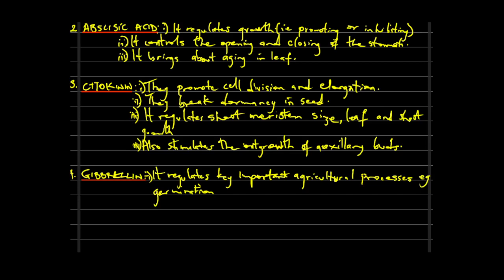We have root and shoot elongation as well. It also promotes root and shoot elongation. That is another function of gibberellin. It helps in flowering and fruiting.